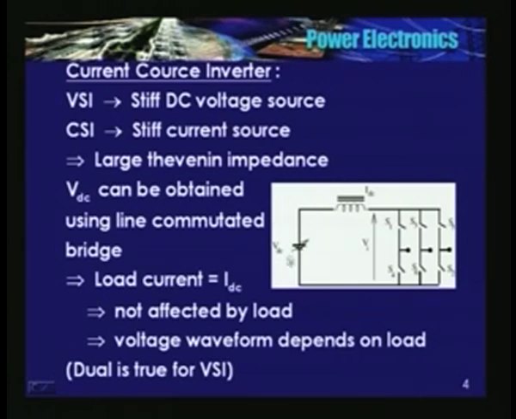So IDC can be varied by varying this voltage. How do I get this VDC? A variable DC voltage, by using controlled rectification. Remember, now I need to have a controlled rectification.